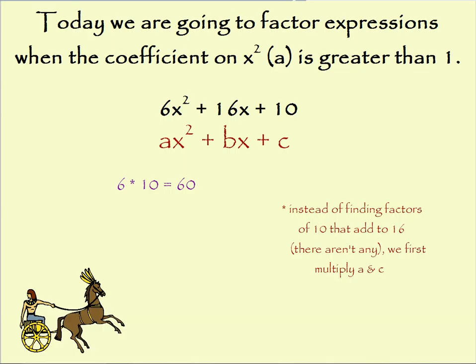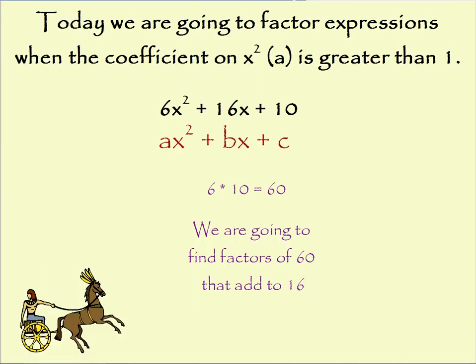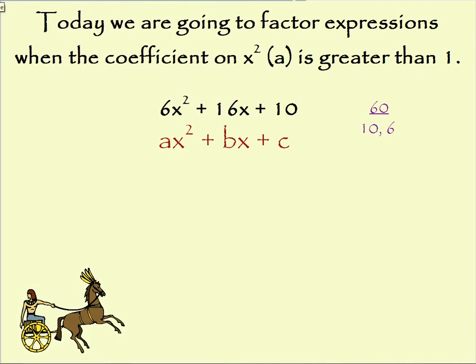Since 6 times 10 is equal to 60, I'm going to try to find factors of 60 that add to 16. And our factor pair turns out to be 10 and 6. I can't immediately put those into our two binomial factors though. It doesn't work the same way.